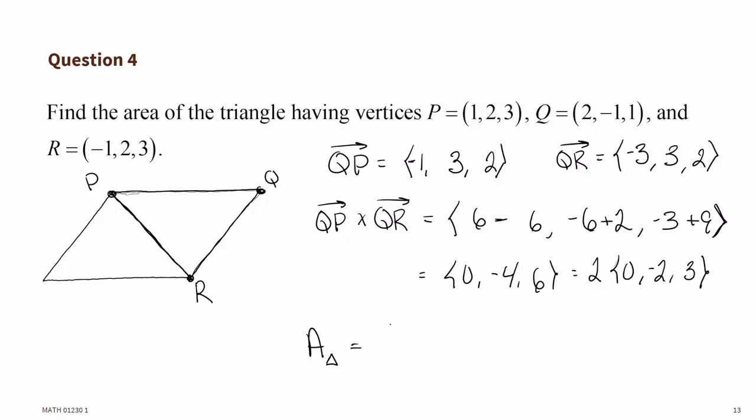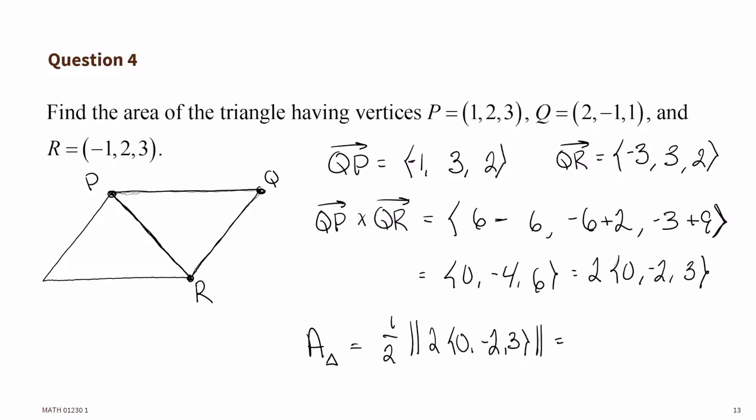The area of our triangle will then be a half the length of that vector we just found. Length of 2 is just 2. 2 times a half is 1.